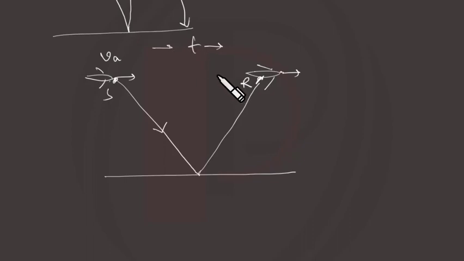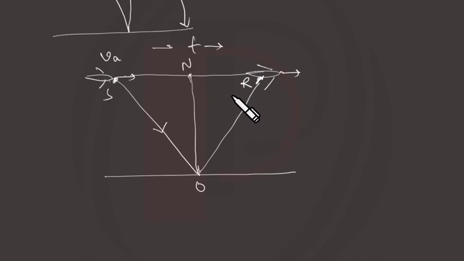Let's say the velocity of the aeroplane is Va and the velocity of sound is Vs. Let's say this is S, this is O, and let's draw a normal here and name it N. Remember that we cannot ignore the distance SR in this case, because the velocity of the aeroplane is not negligible compared to the velocity of sound. That's why we have to consider this distance as well.